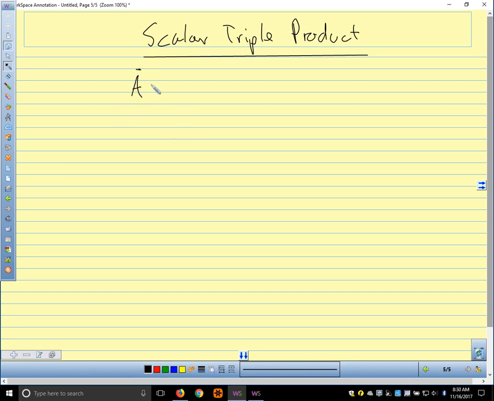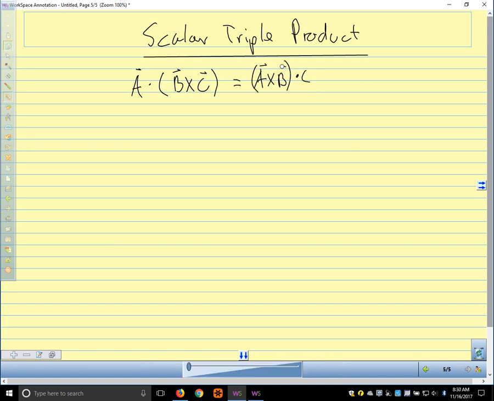That's A dot B cross C, which is equal to A cross B dot C. And we said that was the volume of this squashed box with A, B, and C as adjacent sides.